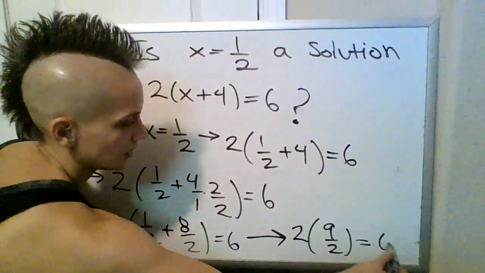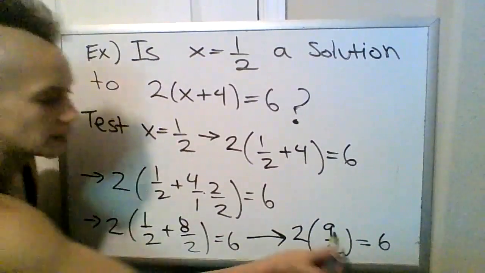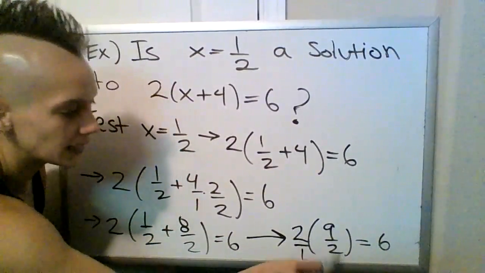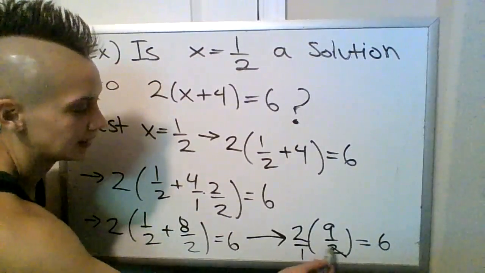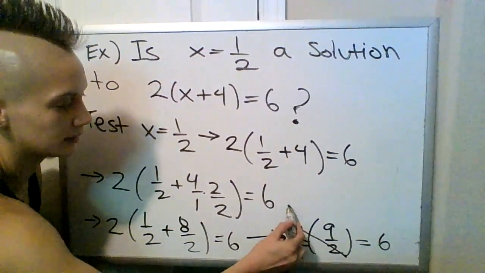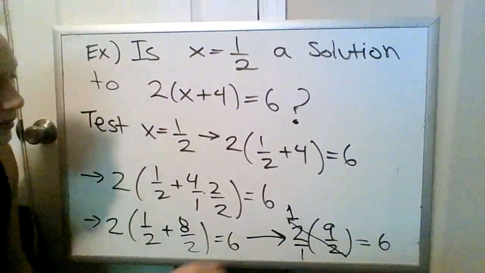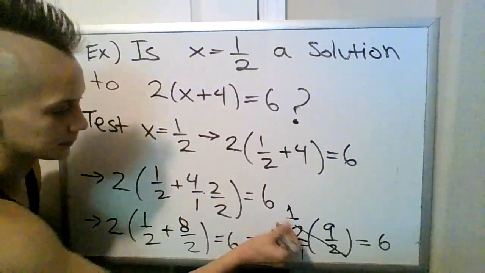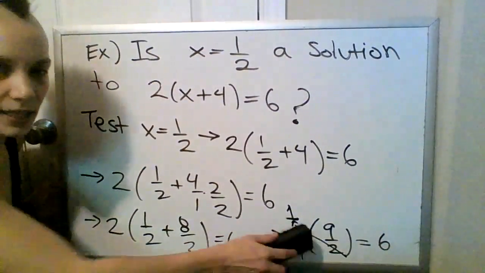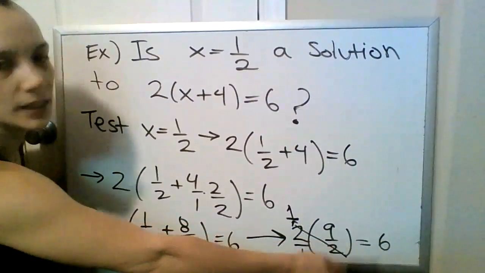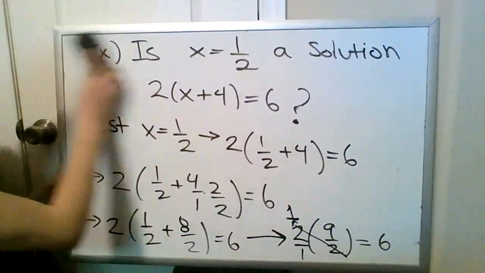We put 2 over 1, and that 2 over 2 reduces to 1, and what's left is 9. And then that's on that side, 9, and on the other side equals 6.